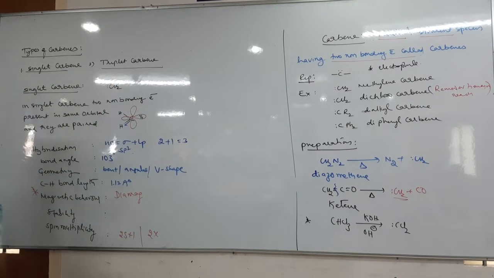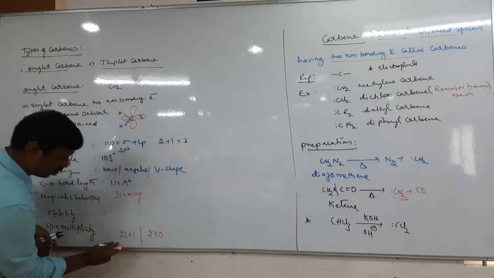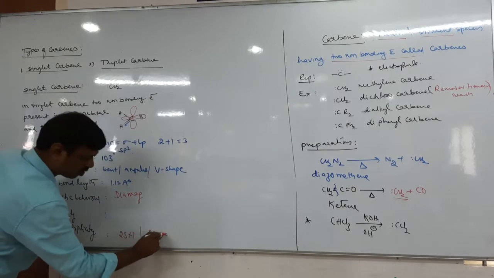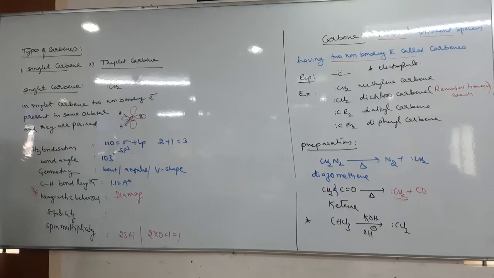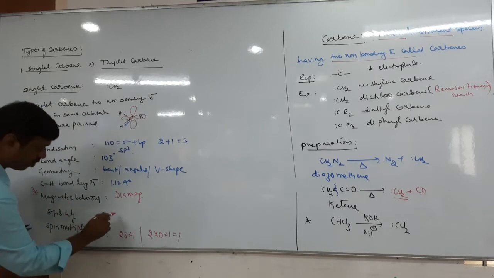Plus half minus half is 0. So 2 into 0, plus 1, equals 1. Therefore spin multiplicity is 1, it is called singlet. The meaning of singlet is spin multiplicity 1. Since spin multiplicity is directly proportional to stability, and here it is 1, it is unstable.